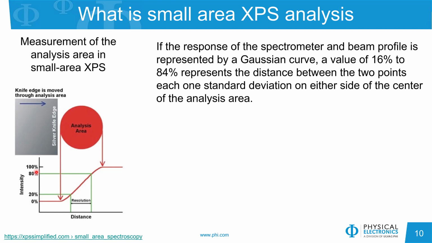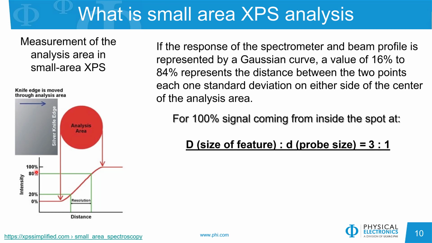So in order for us to really focus and get 100% signal from the feature of interest, we should work within 3 standard deviations. And that is what determines the relationship between the size of the feature that you would like to analyze and the probe size or analysis size that you need to use for that. So the relationship is 3:1, and it's really important to remember when you are selecting the size of an X-ray or analysis area when analyzing small features.